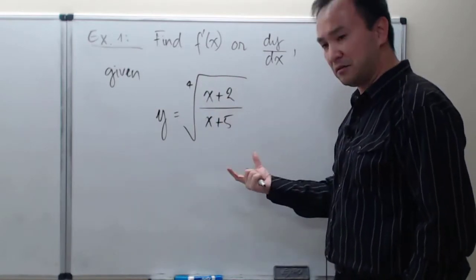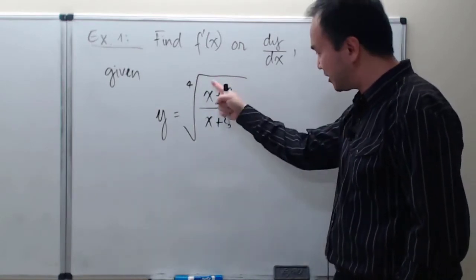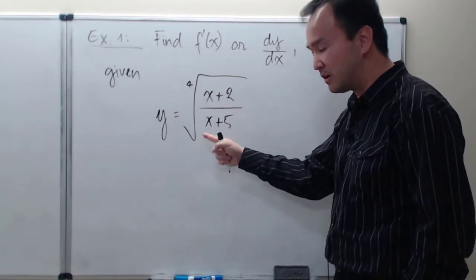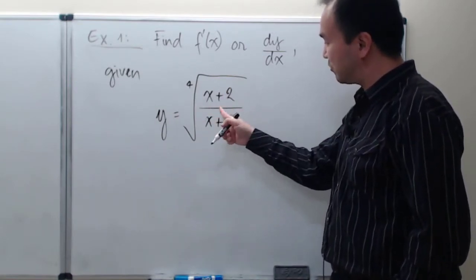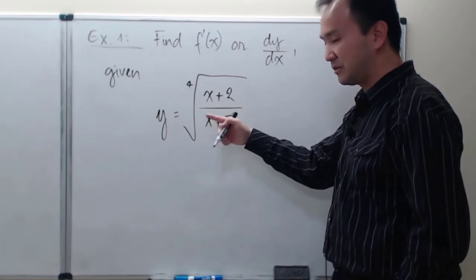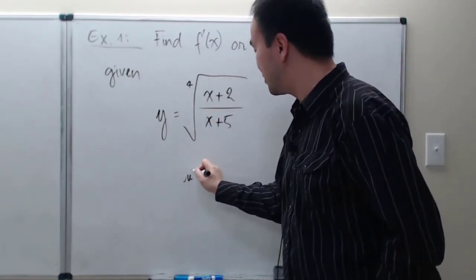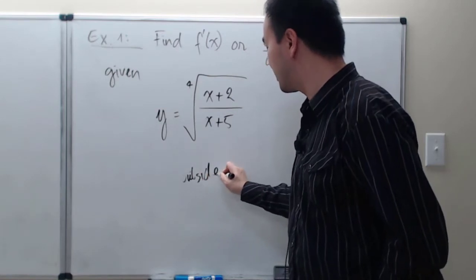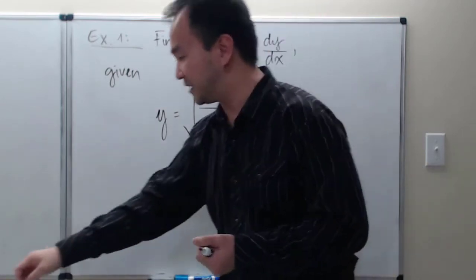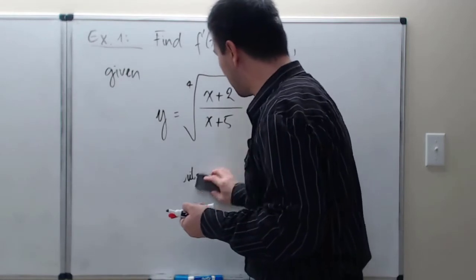So we can start applying the chain rule. The chain rule says we take the derivative of the outside, and yes, it does look like we have some outside expression here. I should have mentioned the inside expression first.